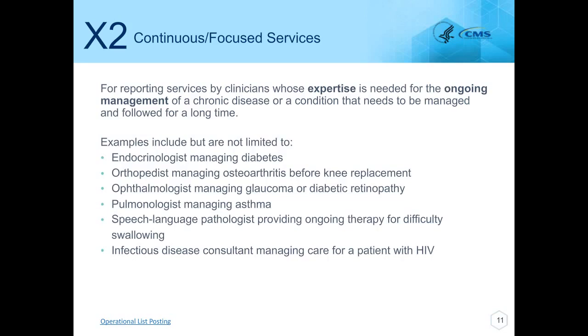Examples could include the endocrinologist that manages diabetes over the patient's lifespan, an orthopedist that manages the osteoarthritis before actually doing a replacement, so they may do some physical therapy prescriptions or medication. There are pulmonologists managing asthma, and infectious disease consultants that manage care for a patient with HIV. Next slide.